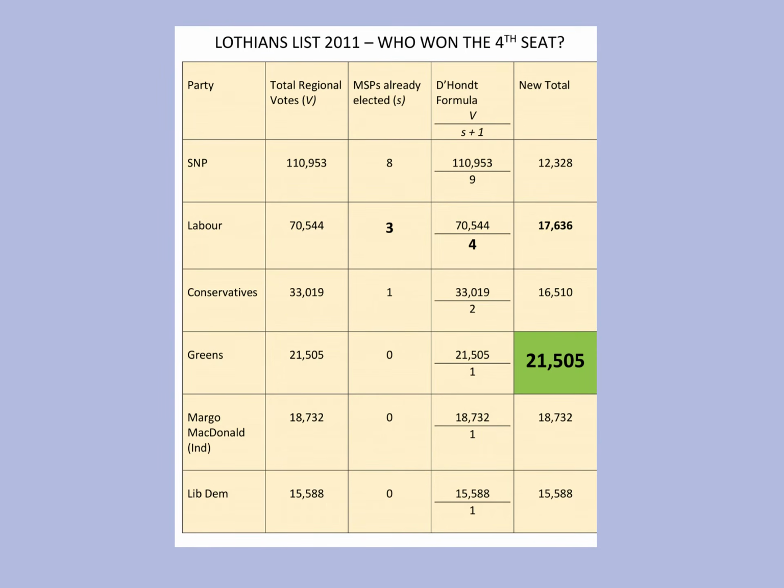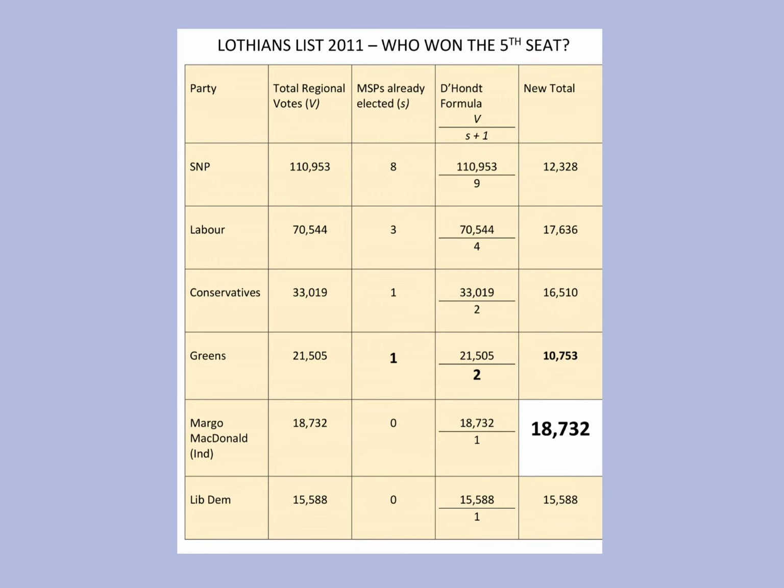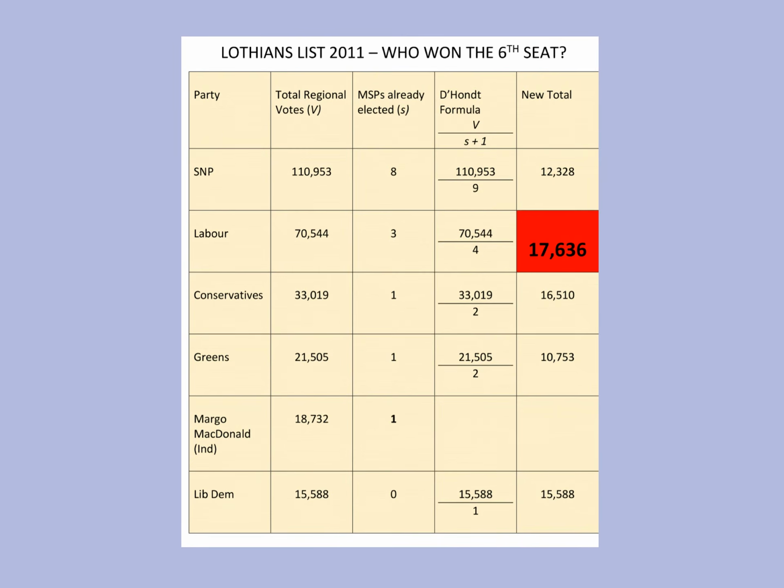On to seat number 4. Labour have 3 MSPs, so we divide their total vote by 4, which puts the Green Party in the lead. So they win seat number 4, and their total gets divided by 2. Seat number 5 goes to our independent, Margot MacDonald, because she has the most votes at this stage, and her total theoretically gets divided by 2, but as she's on her own, we sort of disregard her from here on in.